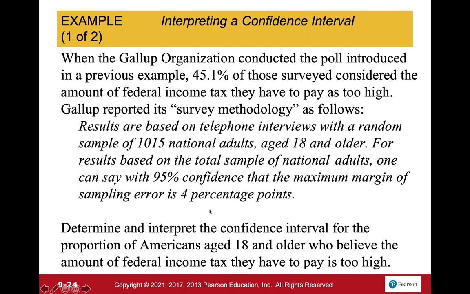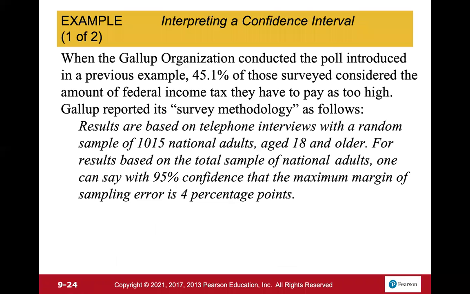So here they went out 4 percentage points. So what we're going to do is look at these two areas. We said that this middle portion was 45.1%, or you could think of this as 0.451. And what we're doing is adding and subtracting 4 percentage points. Remember, 4% is 0.04.